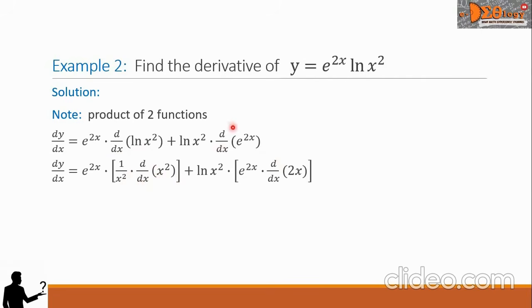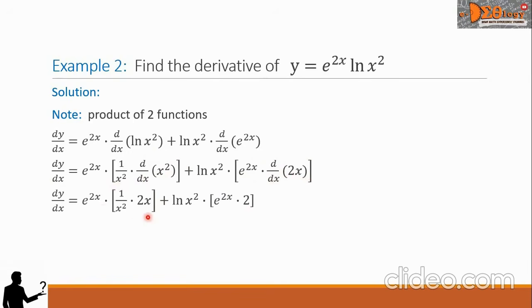In here, the derivative of e raised to 2x is e raised to 2x times the derivative of 2x. We will copy this line in the next step, but we will evaluate the derivatives respectively. So the derivative of x squared will be 2x. The derivative here of 2x is now 2.